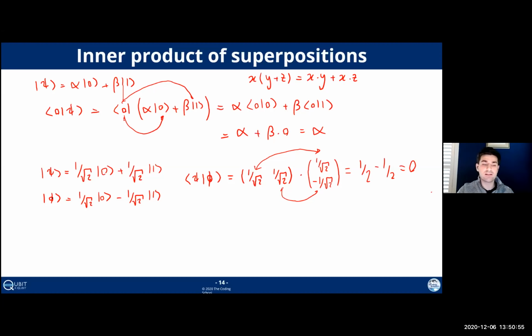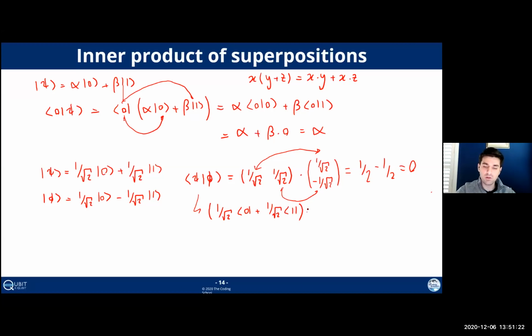Now let's do this the second way, using the bracket notation that we just went through. So here I have bra of psi, which I can write as 1 divided by square root of 2 times the bra of 0 plus 1 divided by square root of 2 times the bra of 1, right?